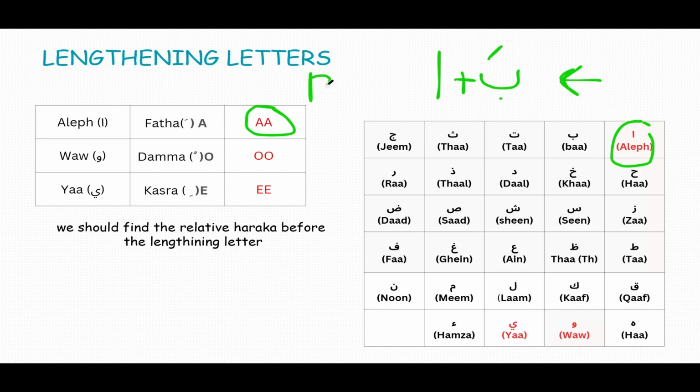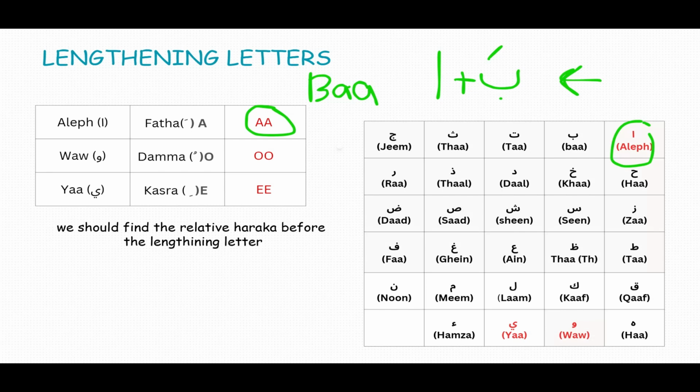Ba, only the ba sound. Then you find alif, the next letter in the same word. If you see alif, it's always an a sound, so it's doubling the a sound. Ba, ba. It tells you, please make it longer. It's a lengthening letter for the a sound.